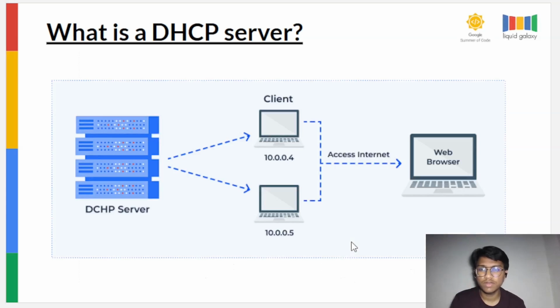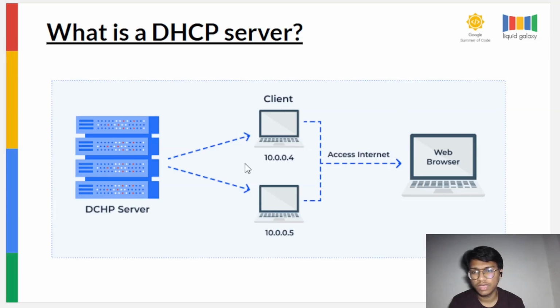There is one more important component in the NAT network, the DHCP server. What is DHCP? It is Dynamic Host Configuration Protocol. It automatically provides and assigns IP addresses, default gateways, and other networking parameters to the client devices.